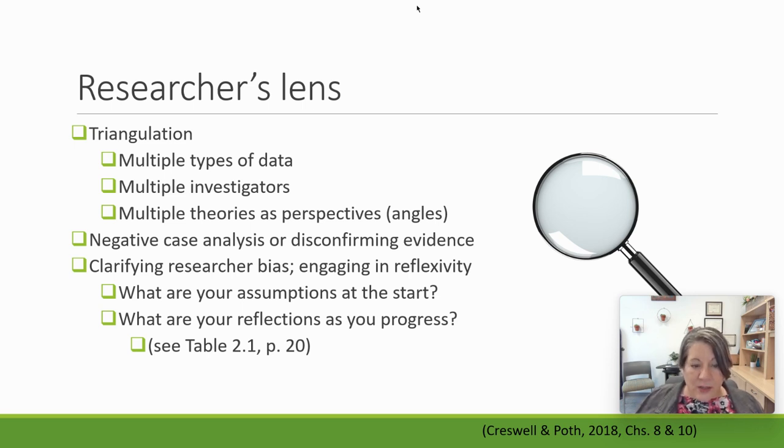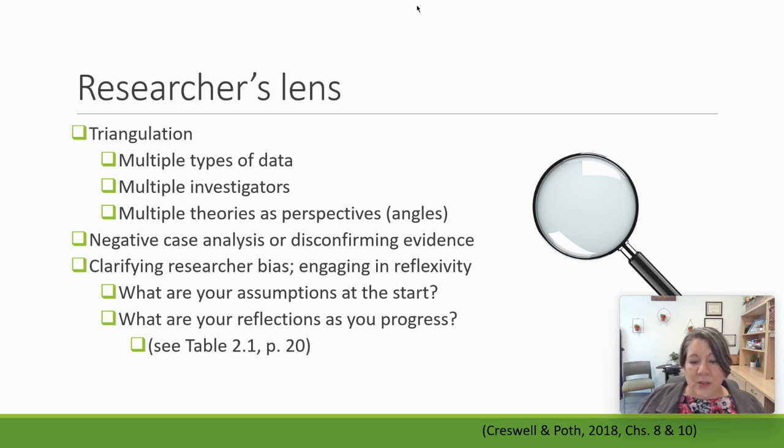Another way from the researcher's lens, especially in case analysis, is to have a negative case, a case that does not confirm the other cases that you've collected, something that looks different, what we might have called an outlier in our quantitative data.